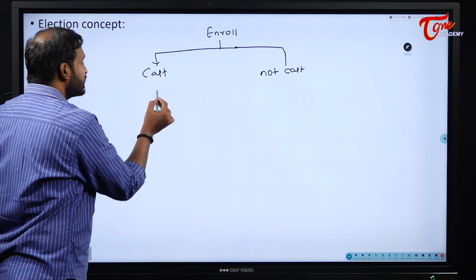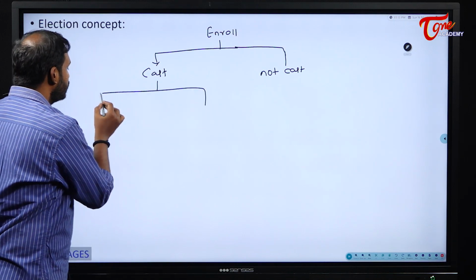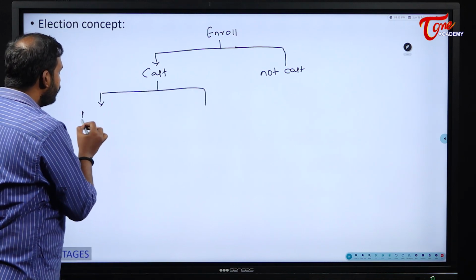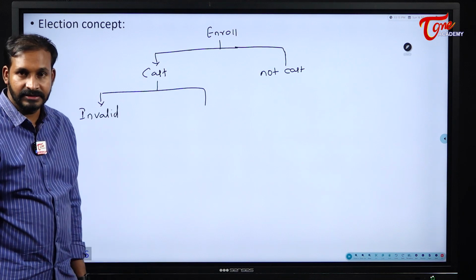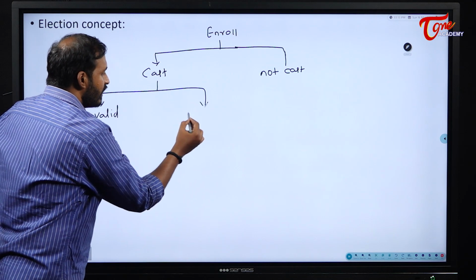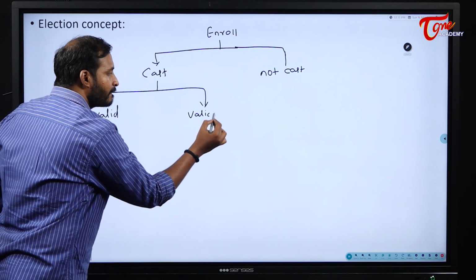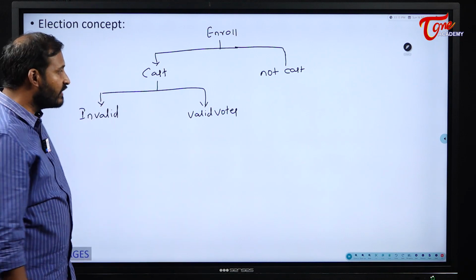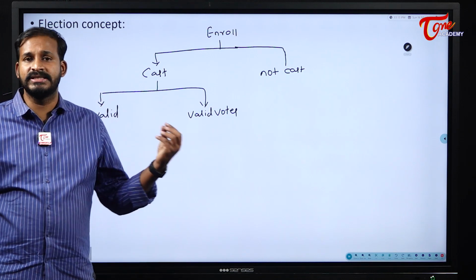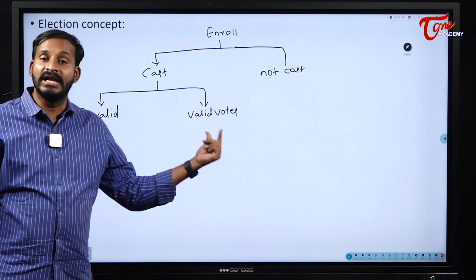Now when it comes to these cast votes, here we will have invalid votes. Some votes will be invalid and we will have valid votes. Based on which votes will we decide the winner and loser? Based on the valid votes.